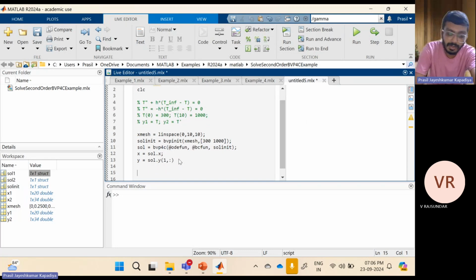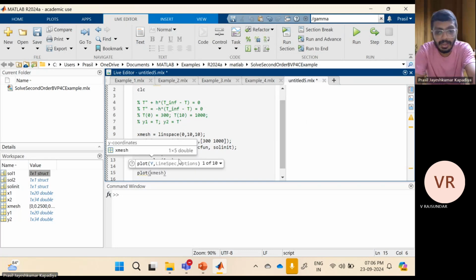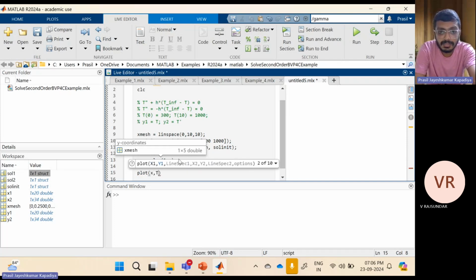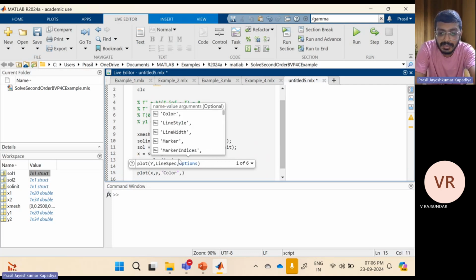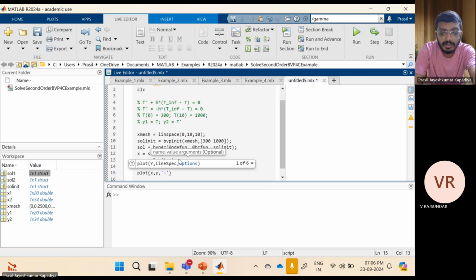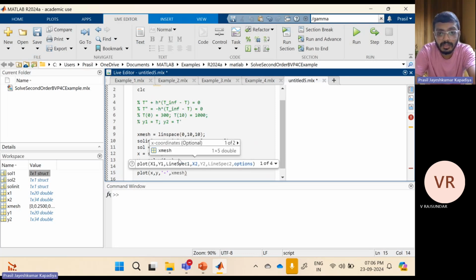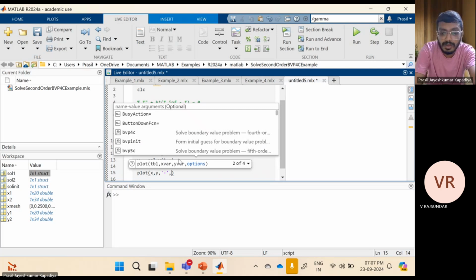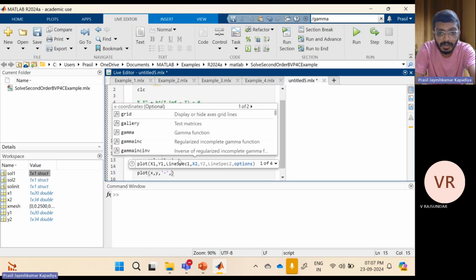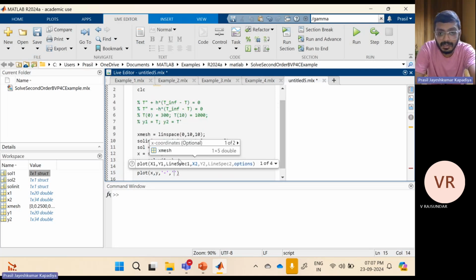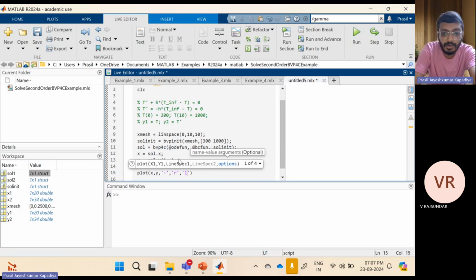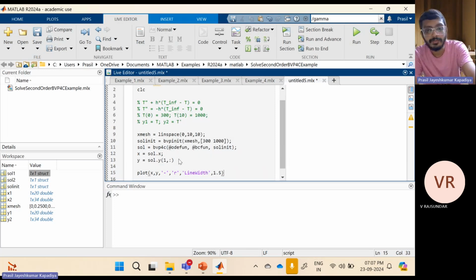And if I want to plot this, I will use the plot function. On the x-axis it is x, on the y-axis it is temperature. Sorry, here I will be writing y. Then let's say I just want a line with red color. Then I want line width to be 1.5.